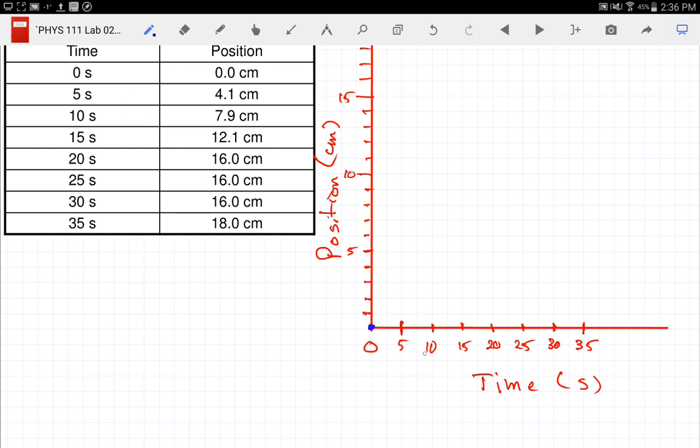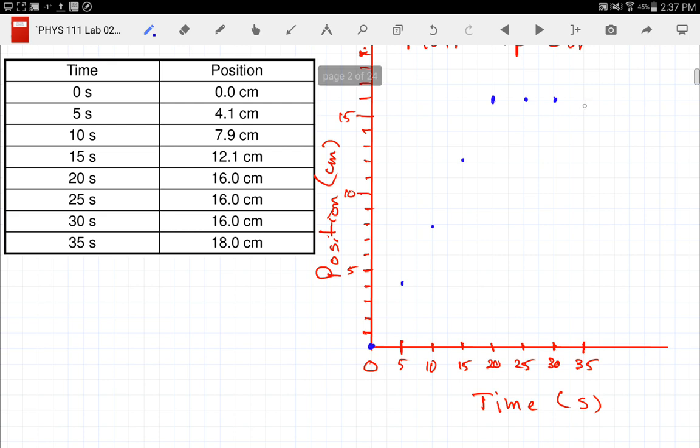My second data point over 5 up 4.1, up there. 10, 7.9. 15 and 12.1. 20 and 16. 25, 30, and then we go up to 18 for the last one.